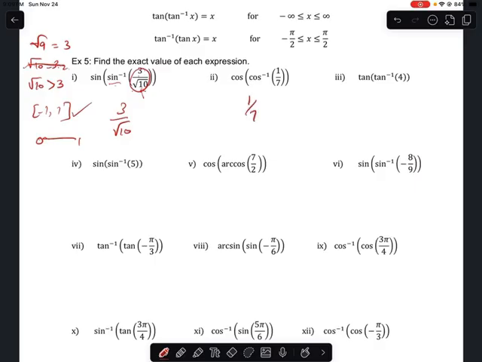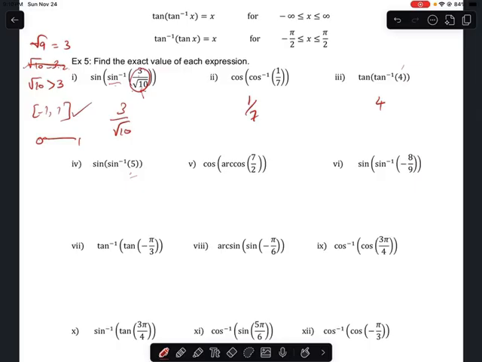Only then can we find it. If it is not, then we will say it does not exist. How do you find this value without a calculator? You have to estimate or find an approximate value. Note here that square root of 9 is equal to 3.